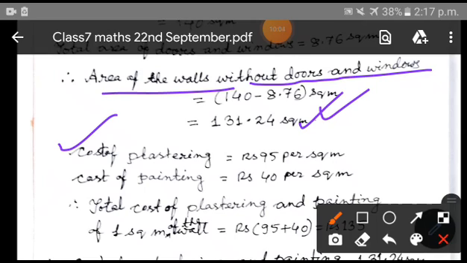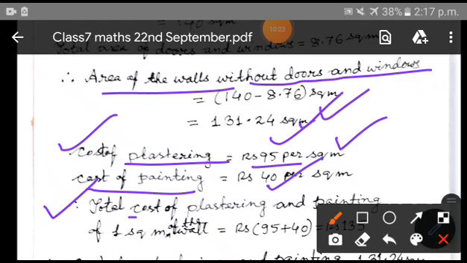Now it is mentioned in the question that the cost of plastering is rupees 95 per square meter. That means the cost of plastering 1 square meter area is rupees 95, and the cost of painting 1 square meter area is rupees 40.